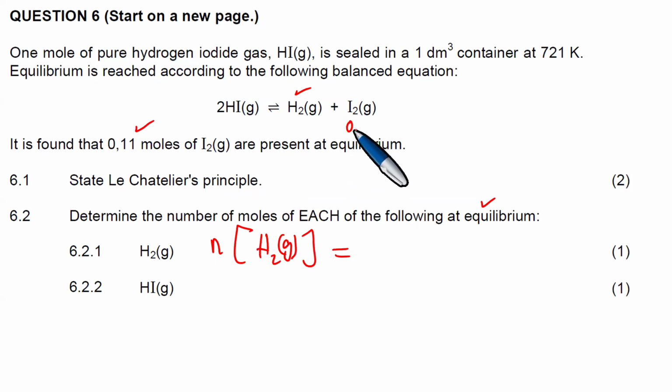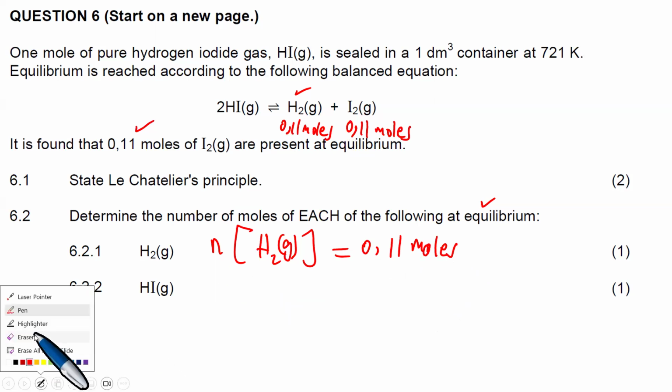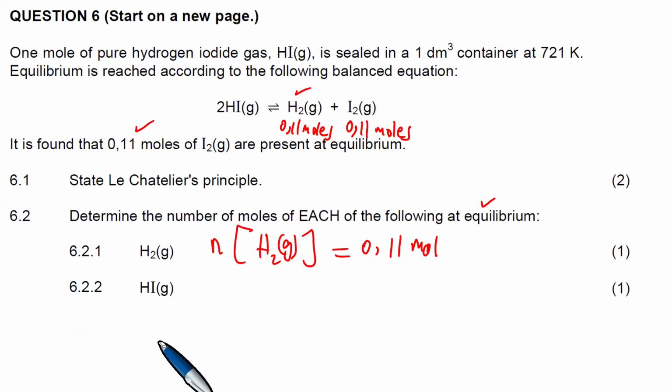So for iodine it is 0.11 moles. You can just write 0.11 mole there.